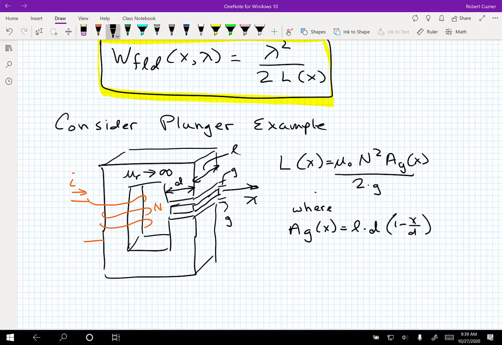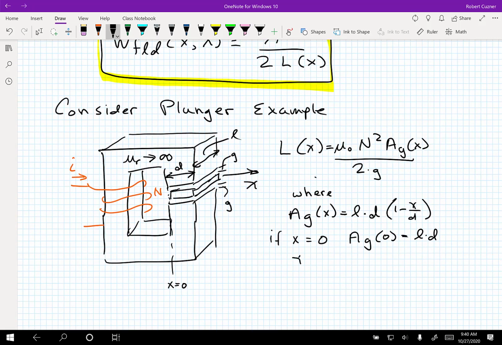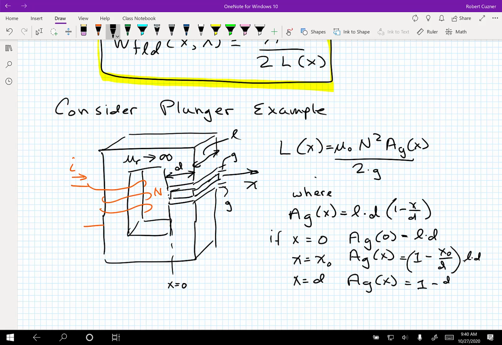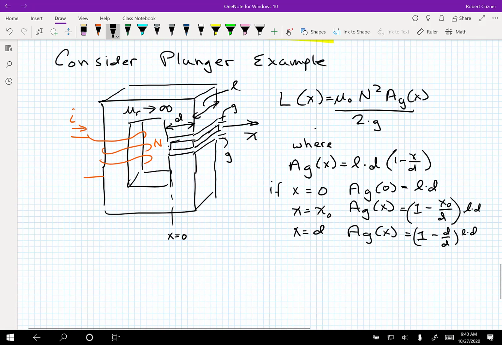So that would tell us that if X equals 0, which means you're in the 0 position right here, the area of the gap at 0 is L times D. And if X is equal to any X position, I'll just call it X naught, AG of X is equal to 1 minus X position over D times L times D. If X equals D, AG of X is equal to 1 minus D over D, L times D, so it's equal to 0.